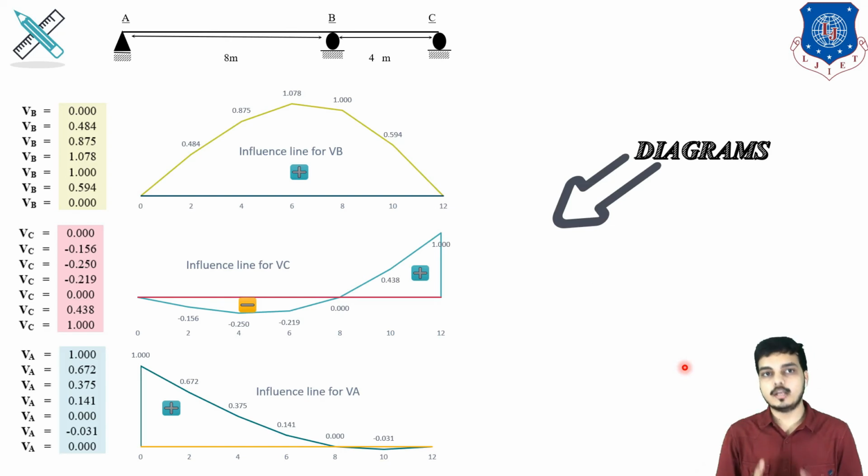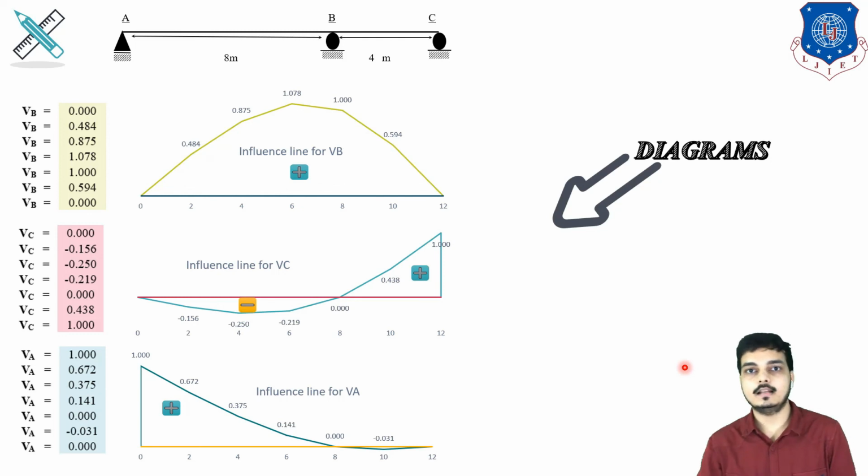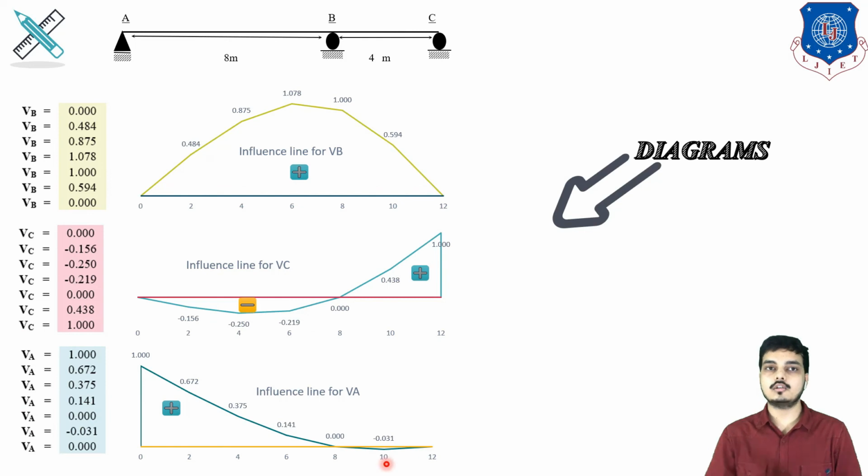But here I would like to remind that in the cantilever we were drawing the diagram for VB on the negative side, but for a two span beam we don't have to do such a thing. Whatever the value, we have to draw the diagram. Like here it is positive, so draw all the diagram in positive. Here VC is positive and negative, draw respectively. Similarly for VA, we do not need to change any of the signs or values for the ILD.